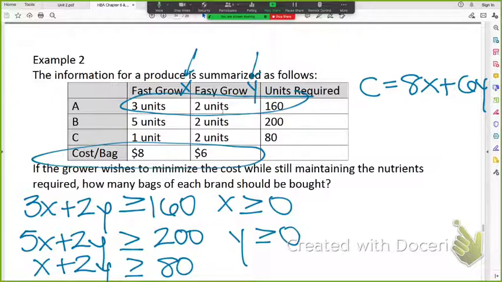Now, this is a great one for your calculator because if you try to go through and solve this, your y-intercepts are going to be super high. I'm not looking for you to try to find these intersection points on your own. Realistically, I don't need you to go figure out where 3x plus 2y is greater than or equal to 160 intersects with the next one.